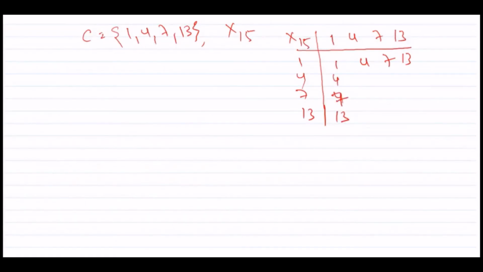Of course, 4 into 4 is 16, and when divided by 15, remainder is 1. 4 into 7 is 28, 28 divided by 15 gives remainder 13.